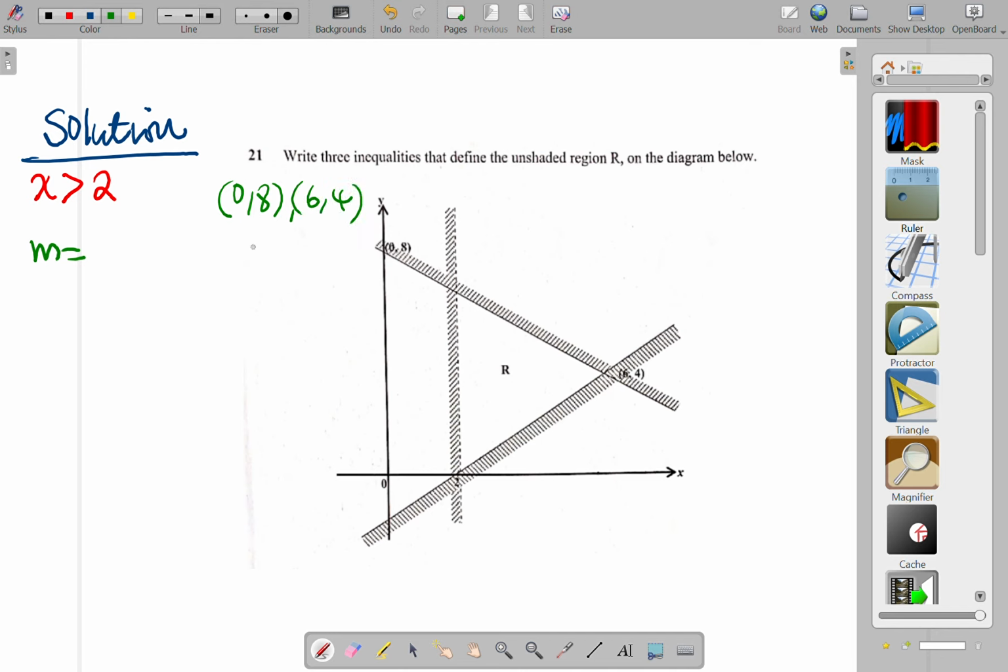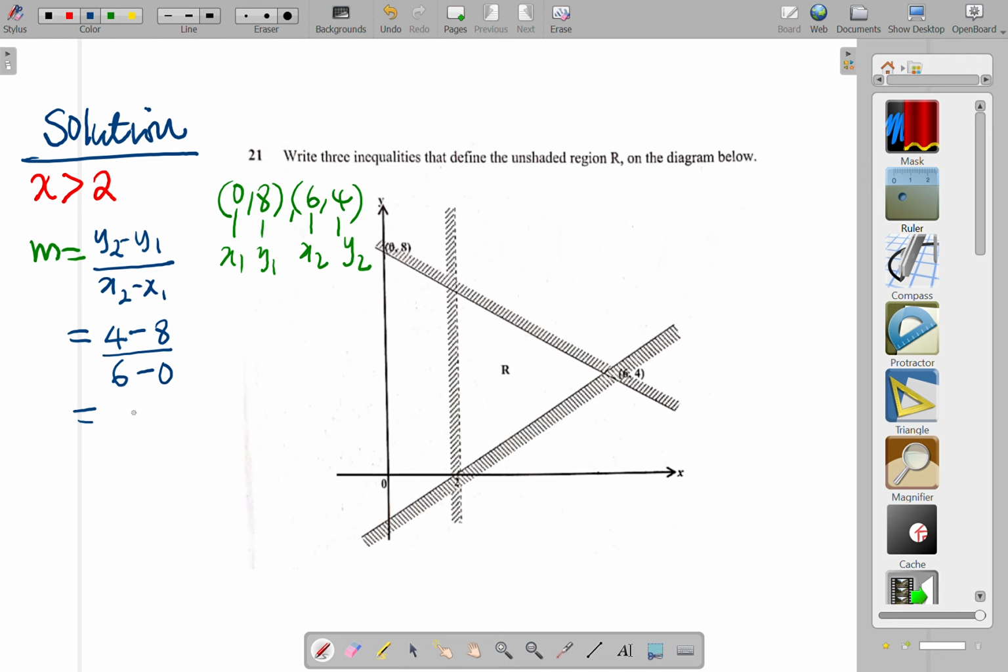Here I can say this is my x1, y1, x2, y2. Then I can plug these into the formula, y2 minus y1 over x2 minus x1. So this is going to give me y2 is 4 minus y1 is 8 over x2 is 6 minus x1, 0.